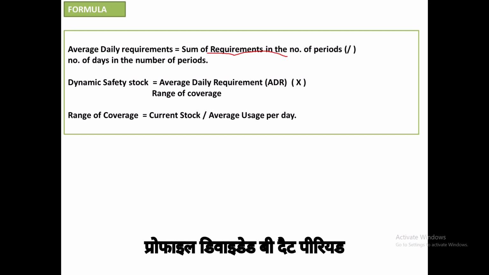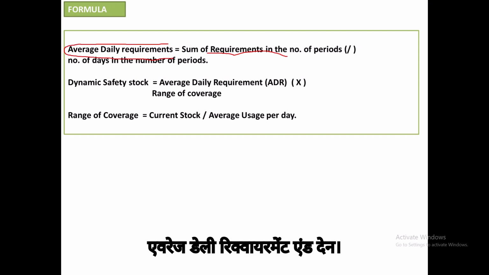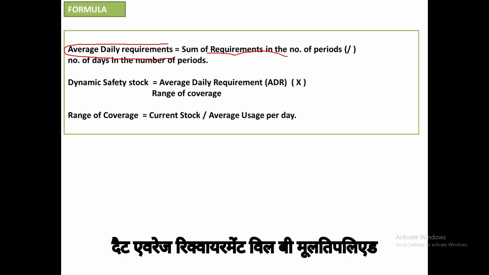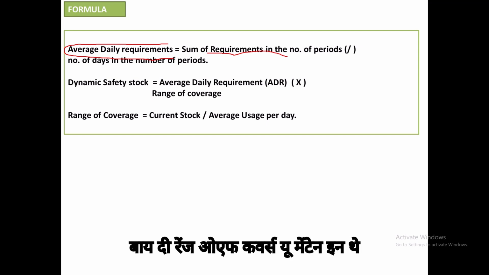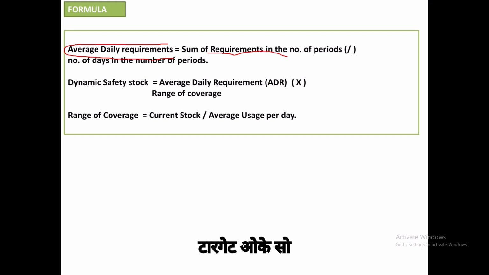That gives the average daily requirement, which is then multiplied by the range of cover you maintained in the target, and that gives you the dynamic safety stock.